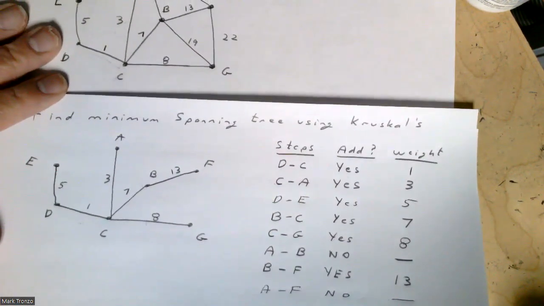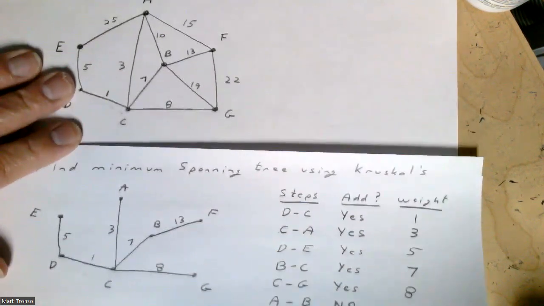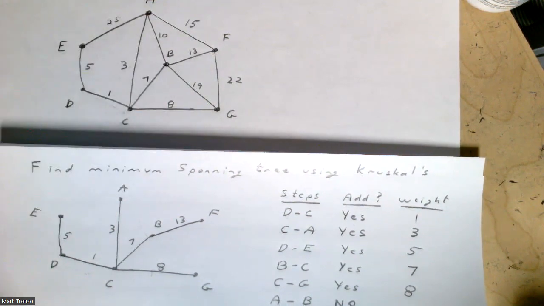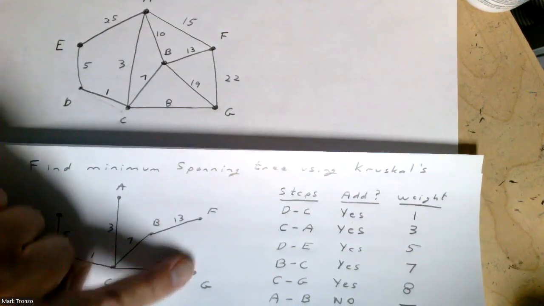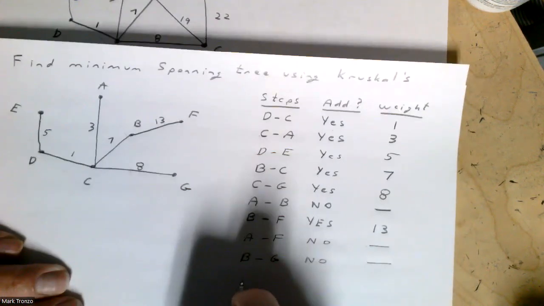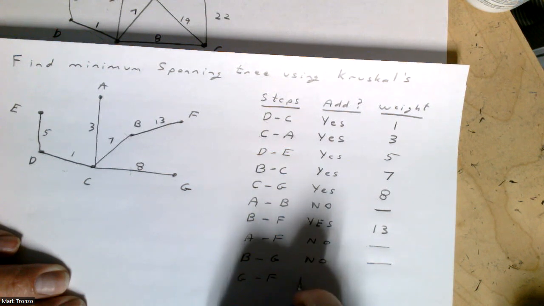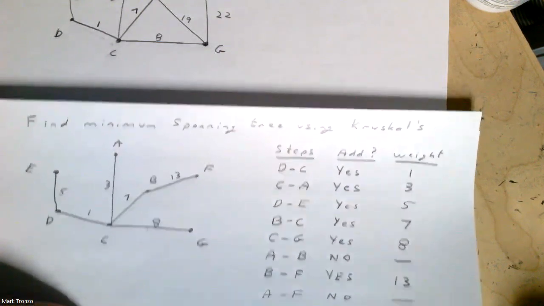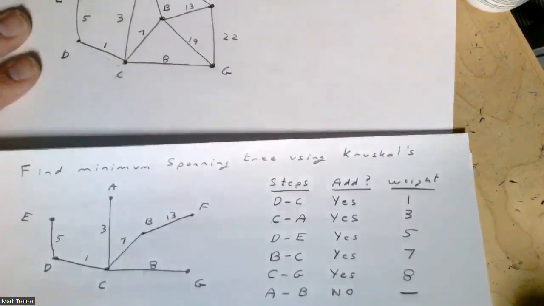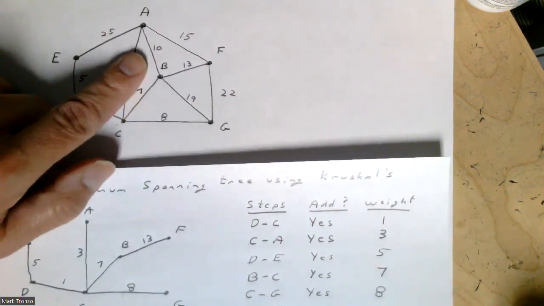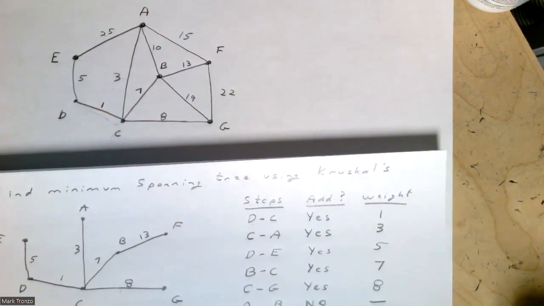Then let's see, what's the next smallest one? Looks like 22 is next. That would be GF. But notice if we put GF in, that will cause a circuit. And then finally, EA is the last one.